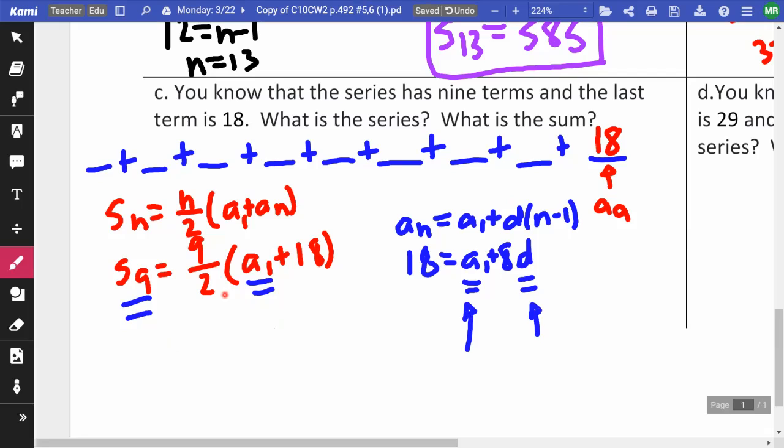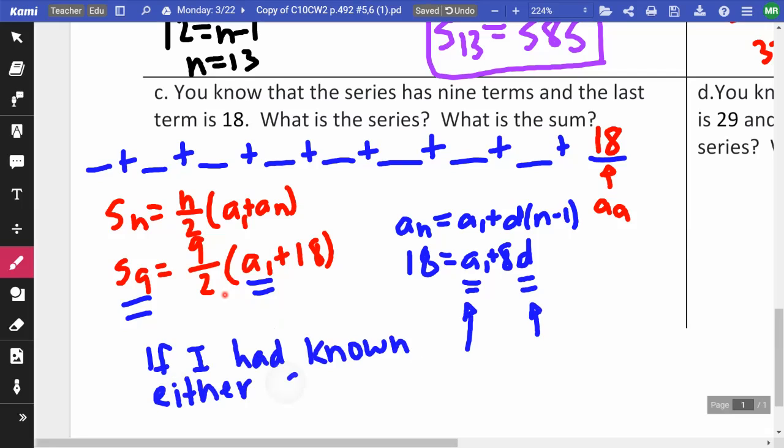If I had known either my S sub n, which is my sum, my A sub 1, or my D, I could have solved.